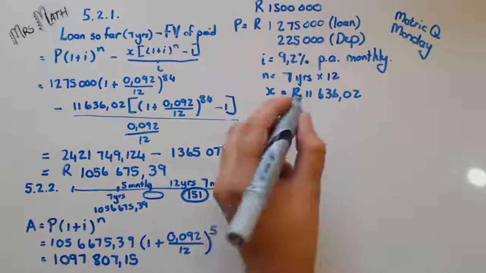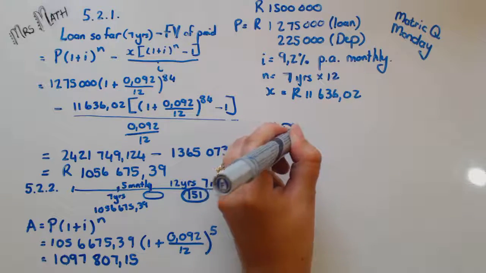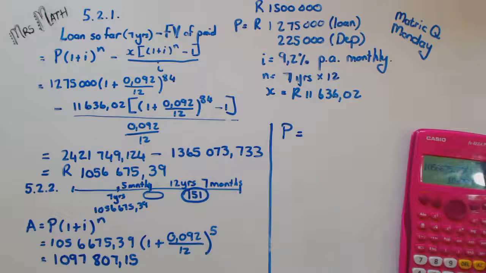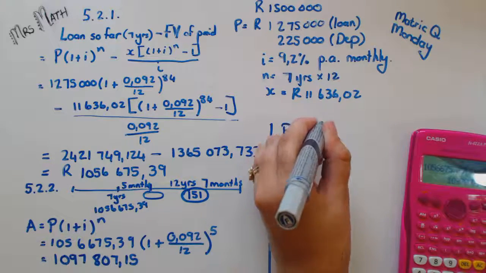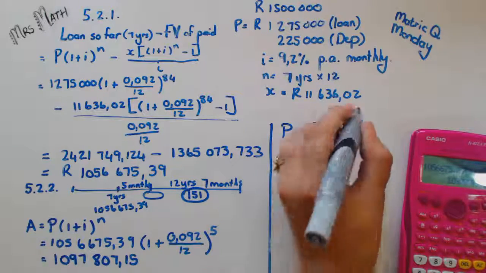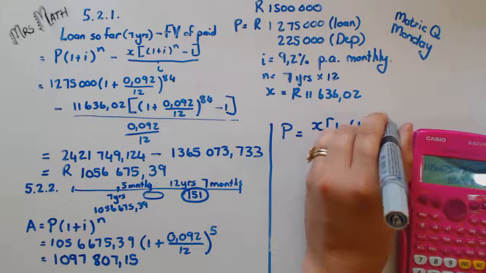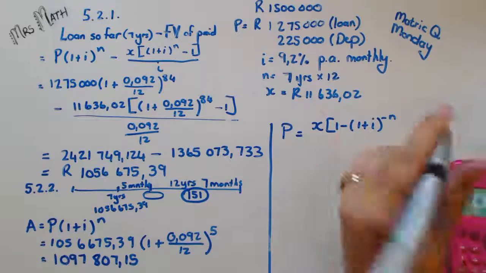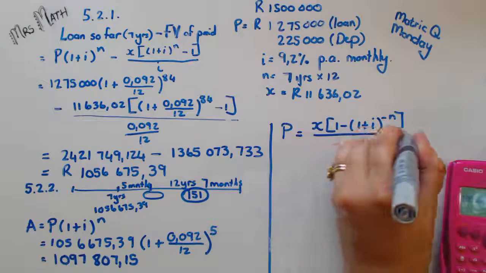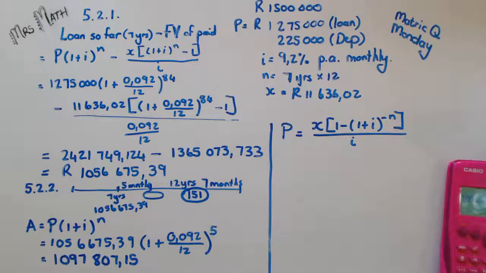now over 151 installments. So I'm going to use the present value formula. Let me just quickly look that formula up also. It looks like this: x times (1 minus (1 plus i) to the power of minus n) over i. Okay, so this is the present value formula because this value is presently now the current outstanding amount.